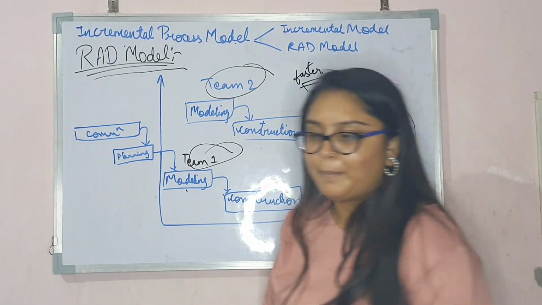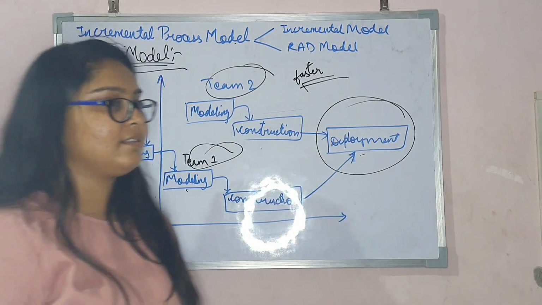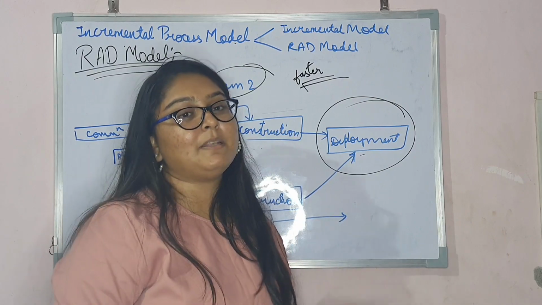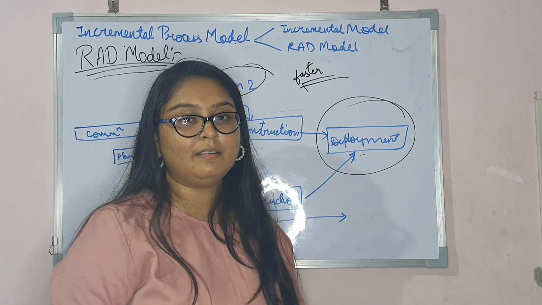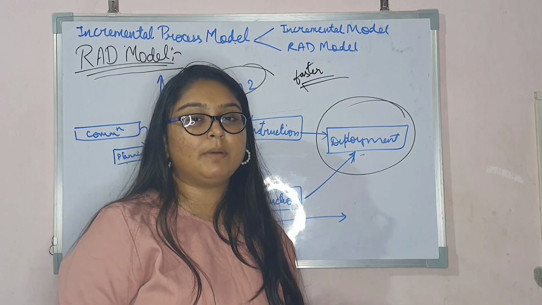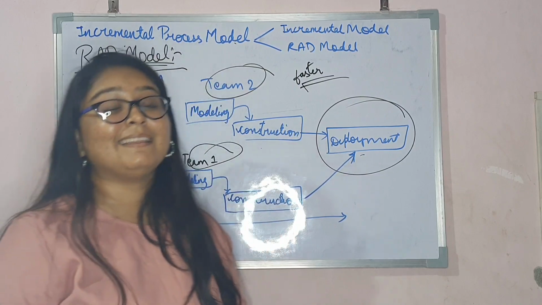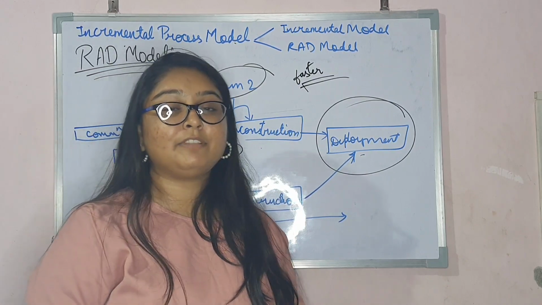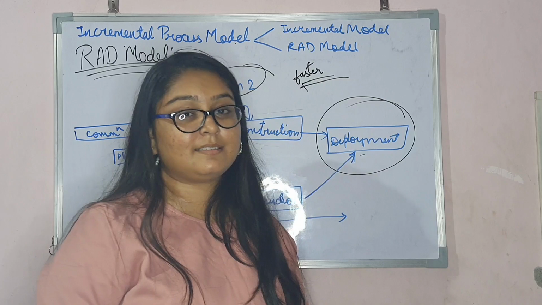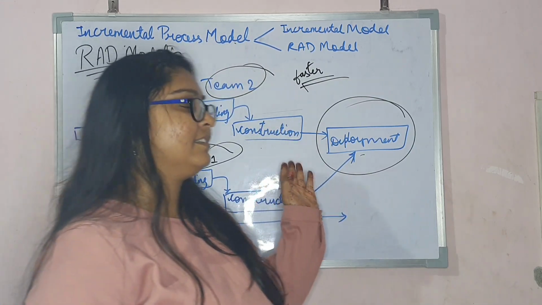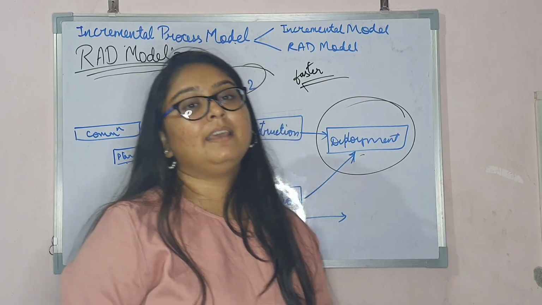But there are some drawbacks of RAD model, such as 2 teams working on a same software. That means so many people required. So some small budget companies cannot work upon it. Then high risk involved, because if the technology has some risks and the requirements are not very clear, then this model won't work properly.